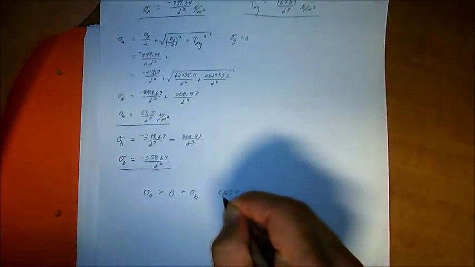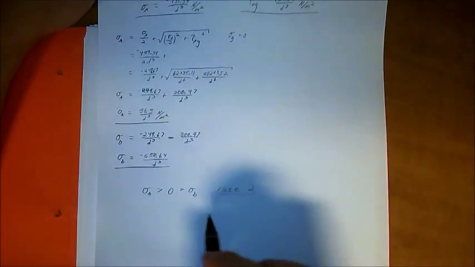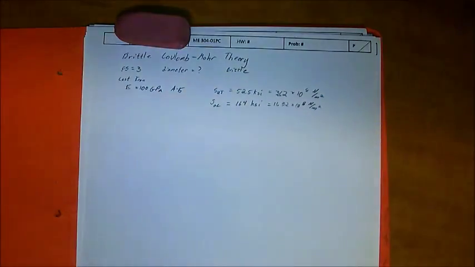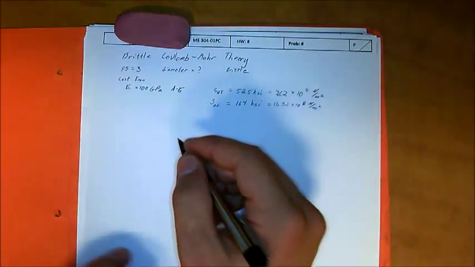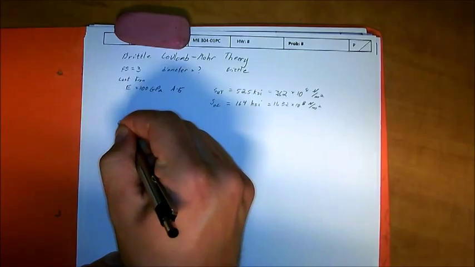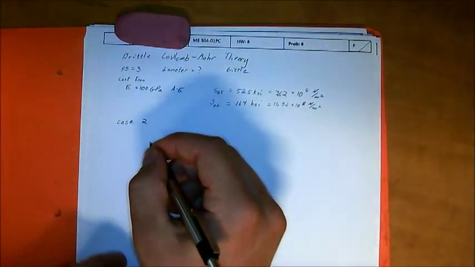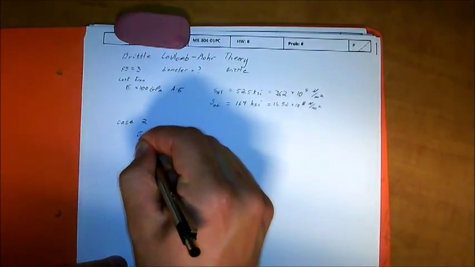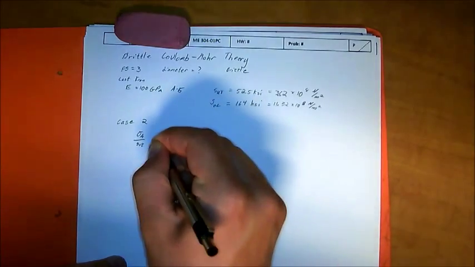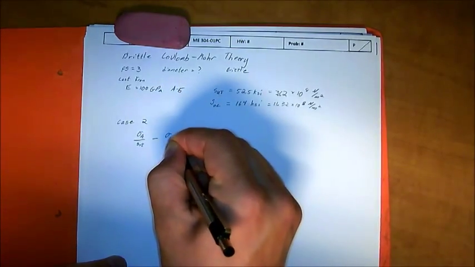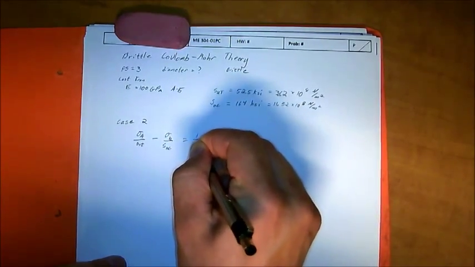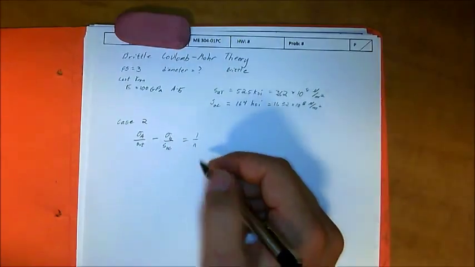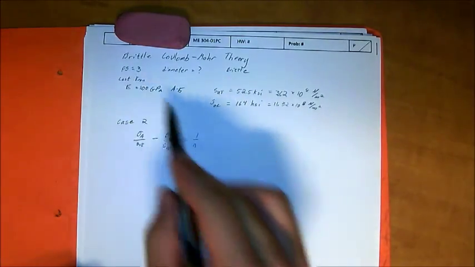In Coulomb Mohr theory, within case 2, the equation is sigma A over SUT minus sigma B over SUC, which is equal to 1 over N, which is your factor of safety. I know I used FS up here, but it's interchangeable between N and FS.